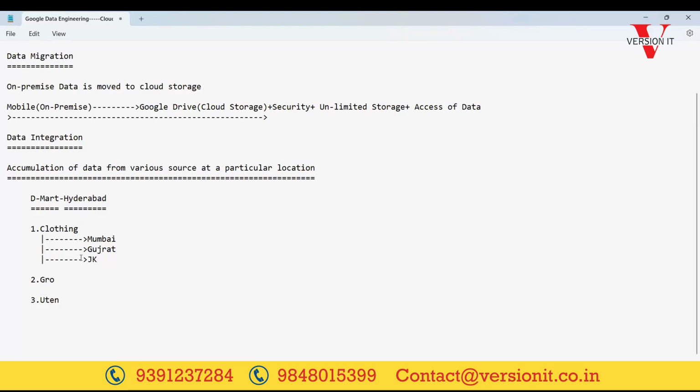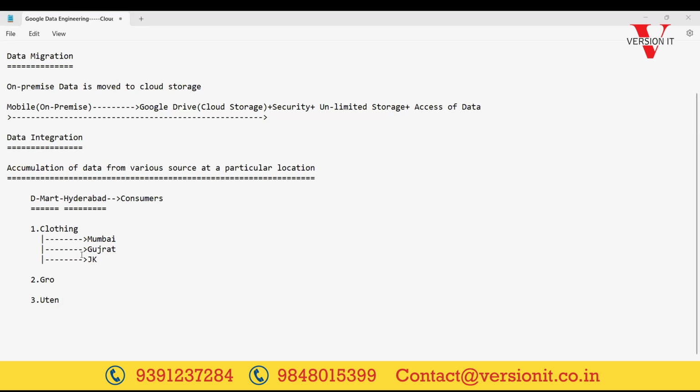So why have they gathered these clothes from various manufacturers at various locations and made them available in Hyderabad? For what purpose, guys? For the facilitation of the consumers. For the facilitation of consumers, they brought everything under one roof, that is DMart Hyderabad.